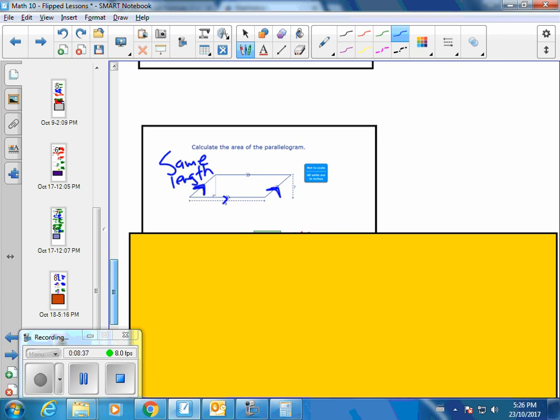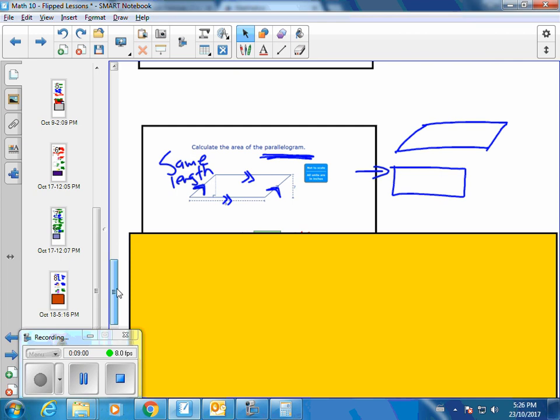Same with if we have a double dash over here and a double dash over here, that means that those ones are also the same length. This is a parallelogram. Okay? It's just like a rectangle that's basically just been punched in the head sideways, and it can't stand up straight no more. And that's what a parallelogram is.